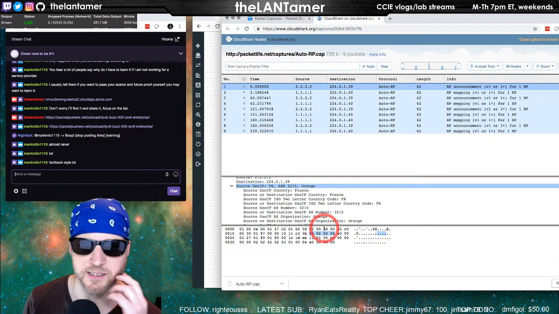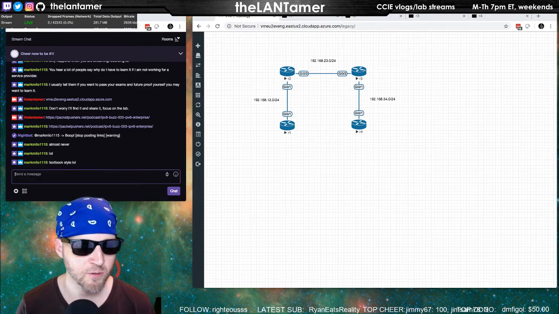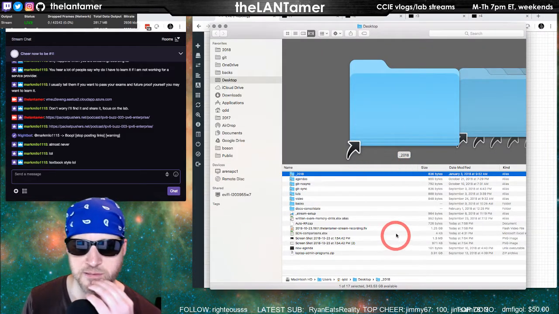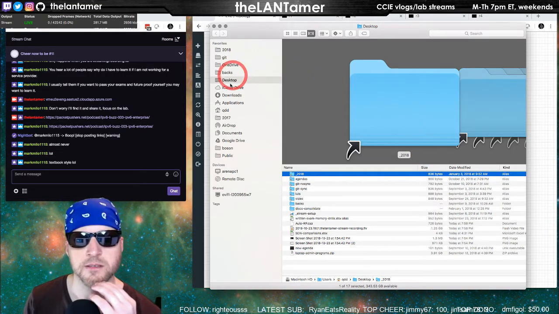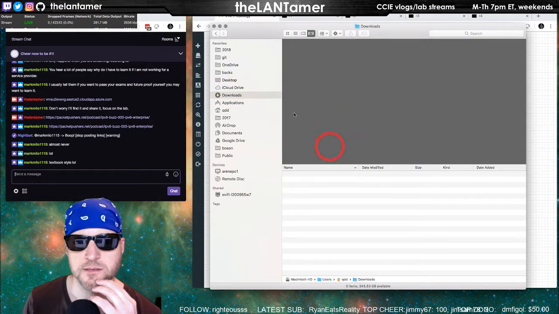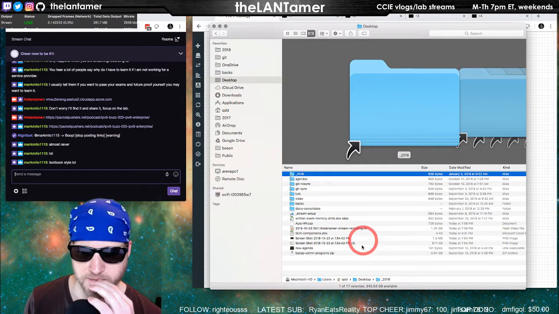It does say that. That can't be right. All right, let's look at good old reliable Wireshark. Oh, faithful. I thought I downloaded it. There we go.